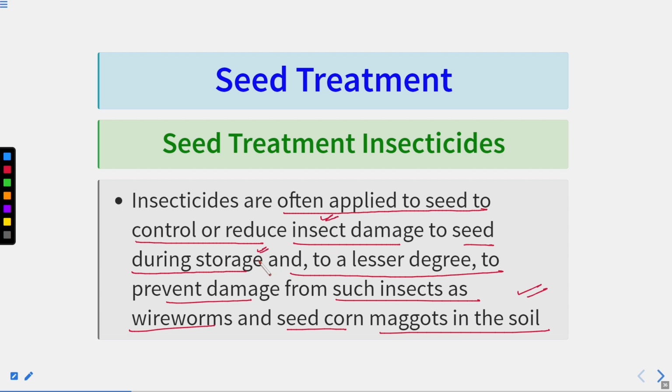At the time of storage, there is a great chance that the seeds can get infested with insects, right? And to a lesser degree, to prevent damage from wireworms, seed corn maggots. These are some of the infestations that occur in the seeds when they are sown in the soil.